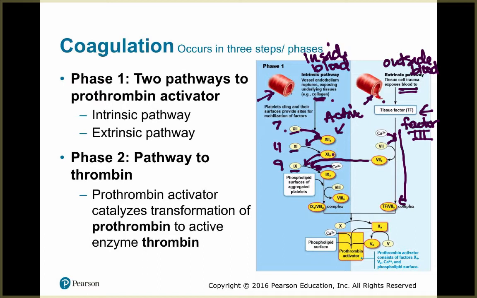Or if it's released, you can take 7 and then the activated one can go into here to work on the intrinsic pathway. So this pathway is missing a lot of the steps from the intrinsic. So this pathway over here is faster. And it makes sense that it would be faster because this side is more detrimental. Blood is actually leaving.